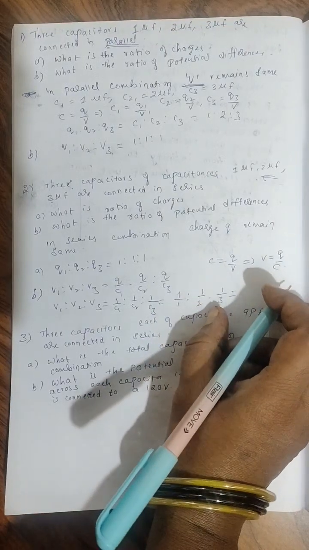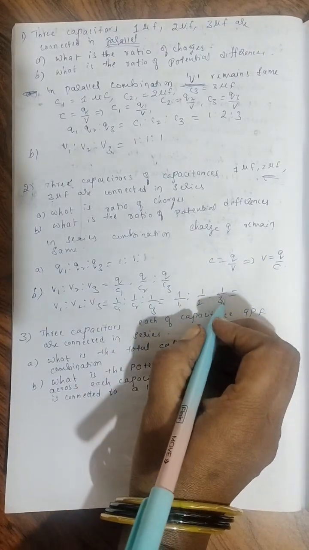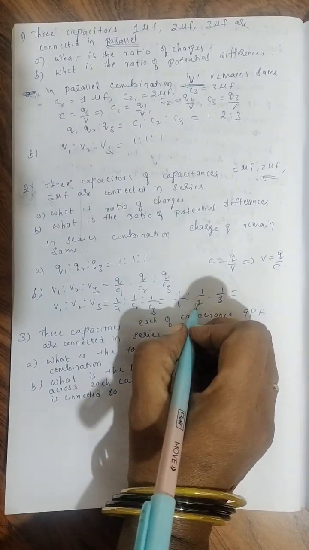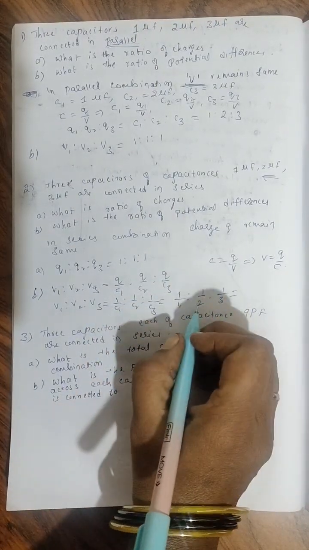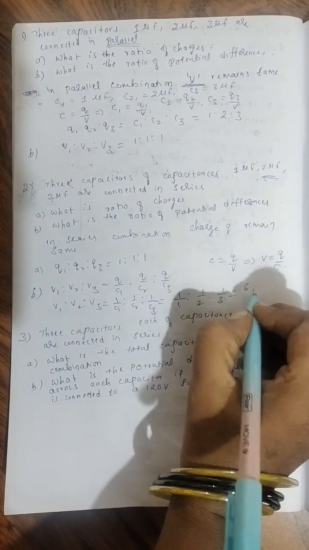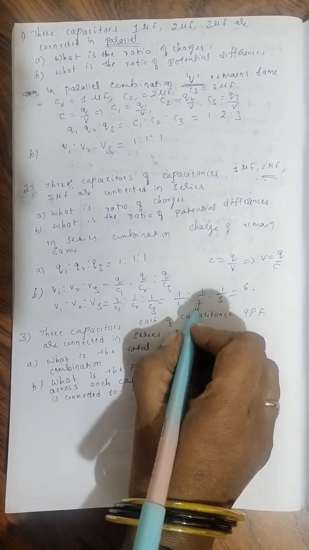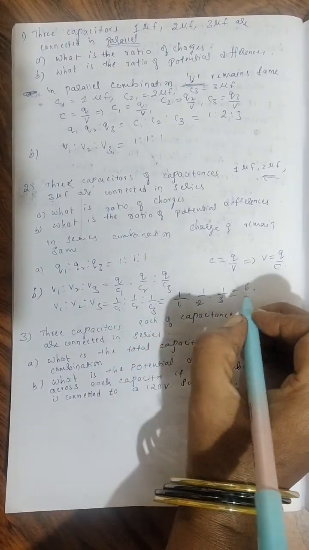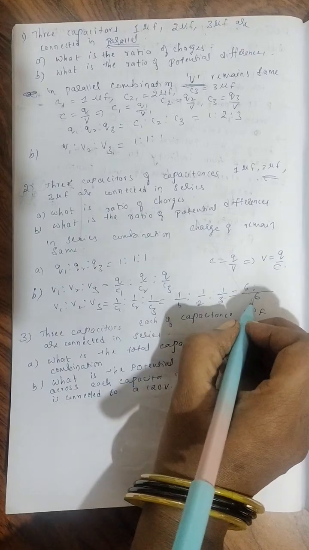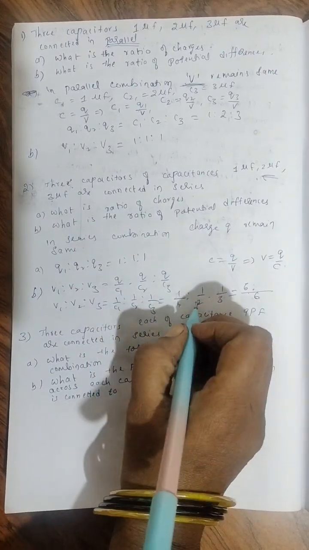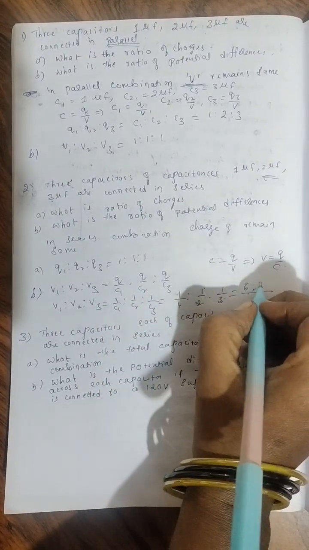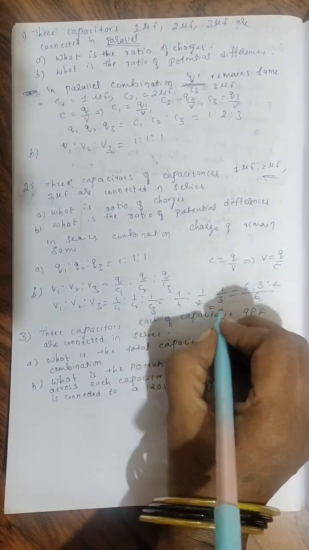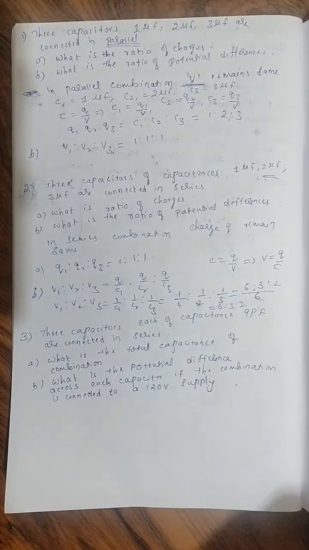The LCM here will be 6. 1 6 are 6, so 1 into 6 is 6. 2 3s are 6, 1 into 3, 3. 3 2s are 6, 1 into 2, 2. So the answer is 6 is to 3 is to 2.